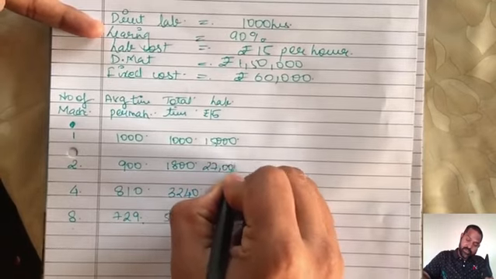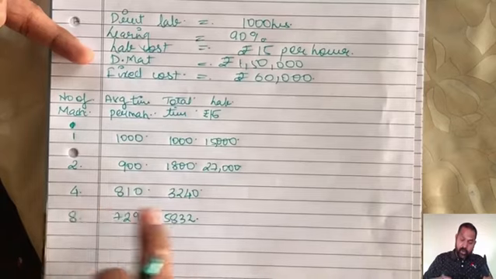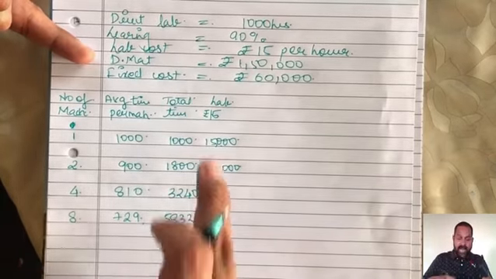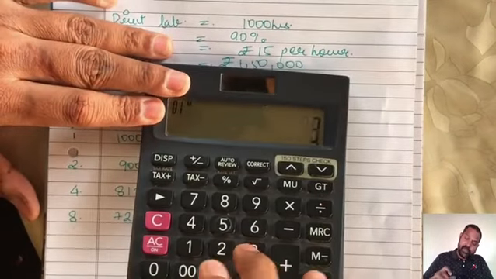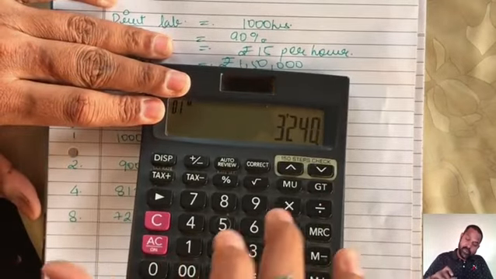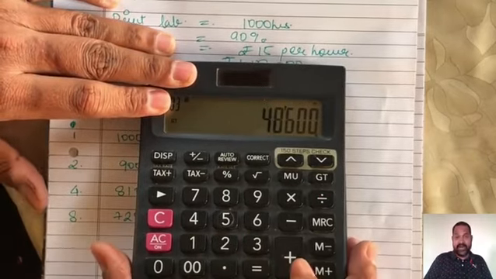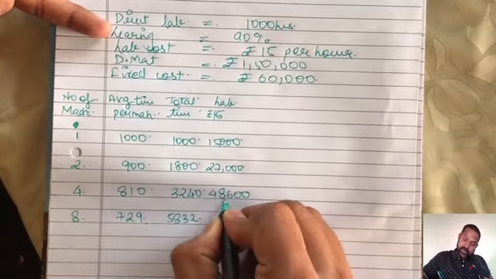So it's going to cost me 27,000 to make 2 machines, labor wise. For 4, the total time is 3240. At 15 rupees an hour, what is it going to cost me? 3240 into 15 is 48,600.